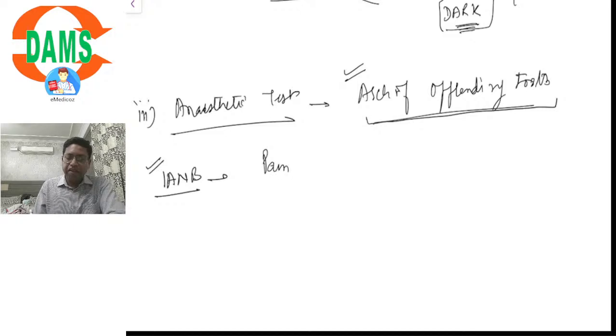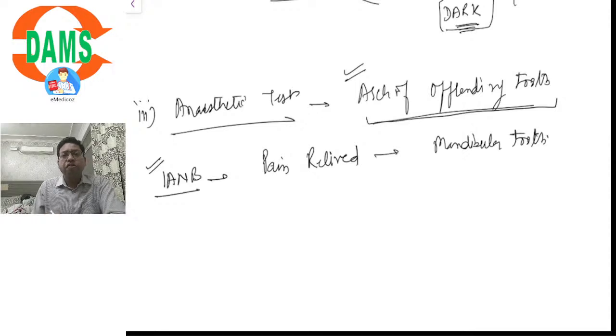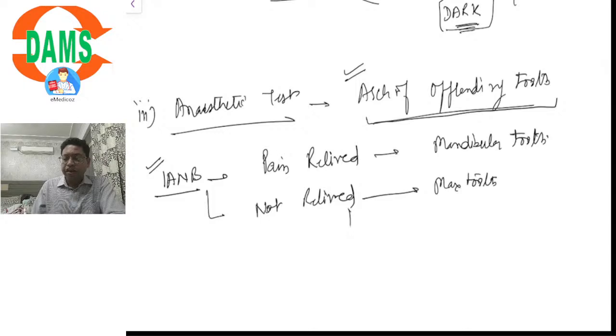If the pain is relieved, then definitely the offending tooth is a mandibular tooth, because the inferior alveolar nerve block would anesthetize all the teeth in that particular quadrant, the mandibular teeth. If the pain is not relieved, then there can be two potential causes. It can be a maxillary tooth, or it can be due to other causes.